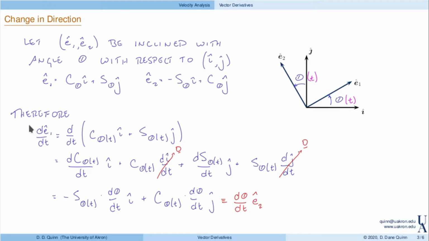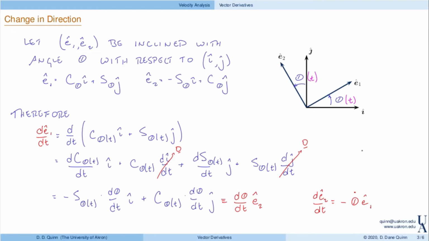So here, the derivative of E1 with respect to time is d theta dt times E2. And likewise, if I go through and work this whole thing out again for E2, I would find that the derivative of E2 with respect to time is just minus theta dot in the E1 direction.